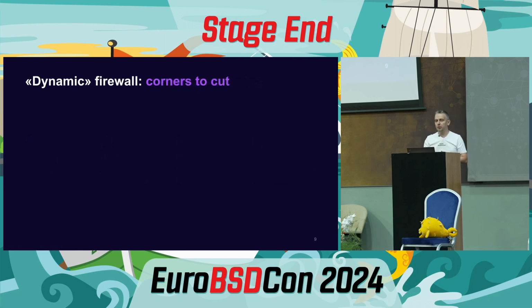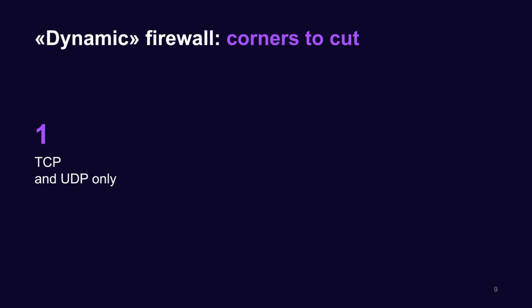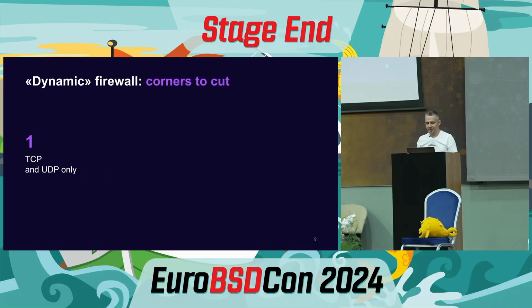The first corner we're going to cut: we support UDP and TCP only. There is a way to support other protocols, but so far we haven't seen any demand for that. So TCP and UDP are enough.